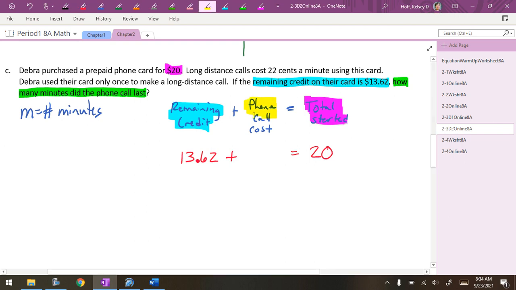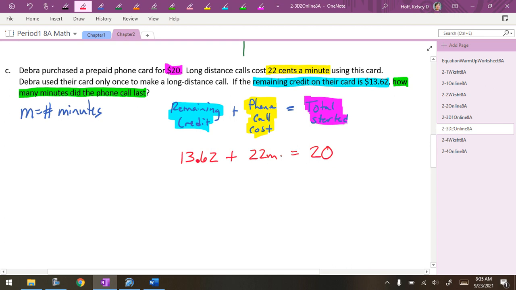Now, our phone call is 22 cents a minute. Can anybody raise your hand and tell me how we're going to represent 22 cents a minute? Liana? 22M. I like that you're taking your 22 times your M.